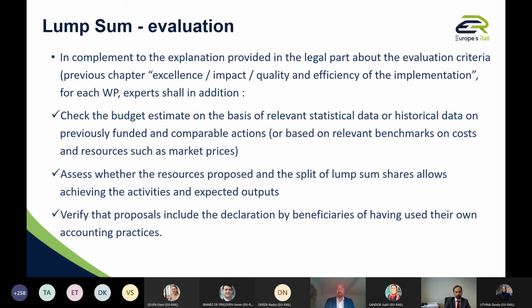And in case they consider that the cost that you have presented may be overestimated or inaccurate, or for whatever reason, we may come back to you at the gap phase for asking additional clarification, additional support and acknowledgement from you, and either after that still confirm that the budget proposed is valid and will be signed accordingly, or sometimes, depending on the answer provided, we could eventually reduce a little bit the lump sum share accordingly.